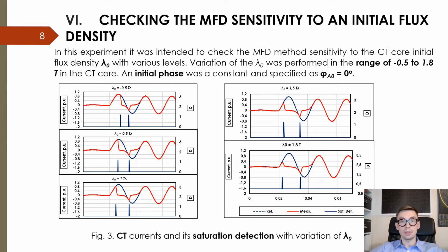For this experiment, the initial phase was constant and was specified as 0. As can be seen from the slide, there is stable detection of the current transformer core saturation, so it's possible to detect the region of the saturation.